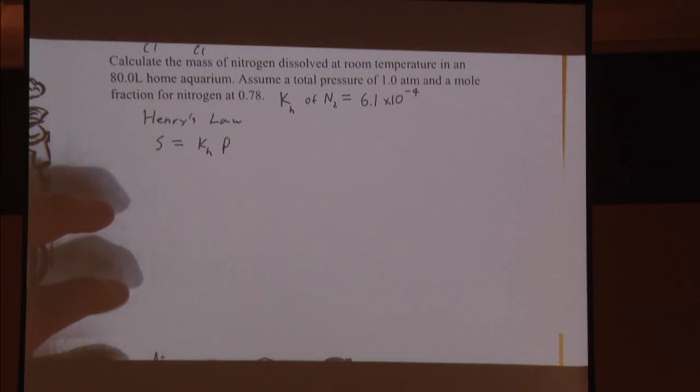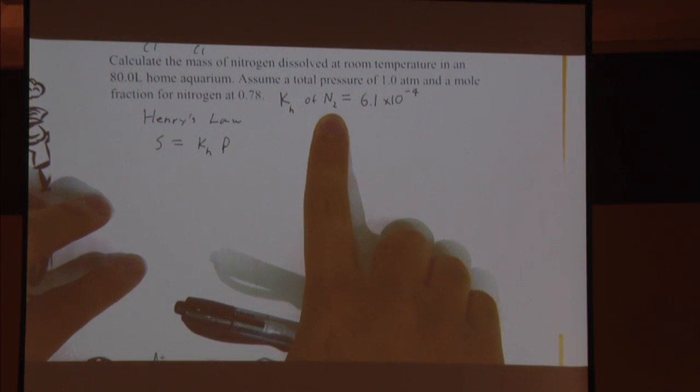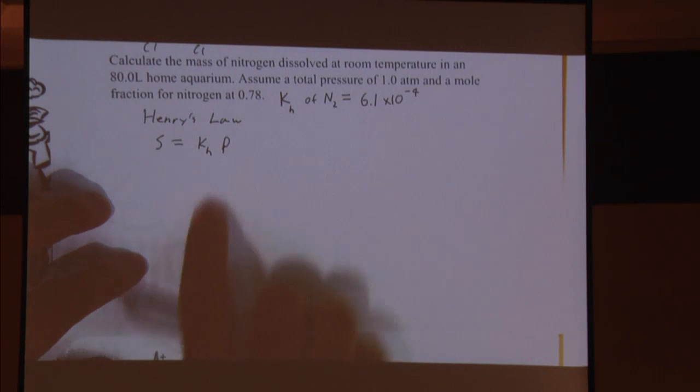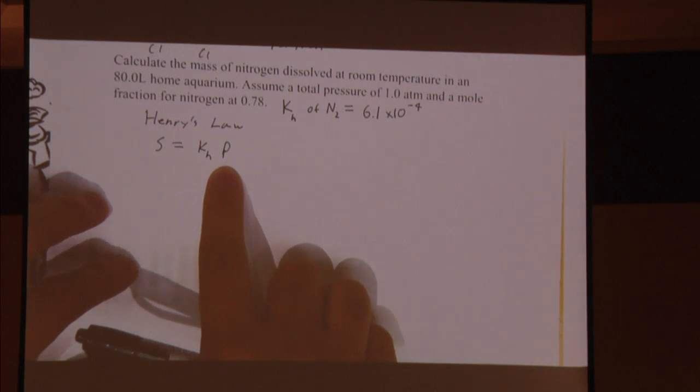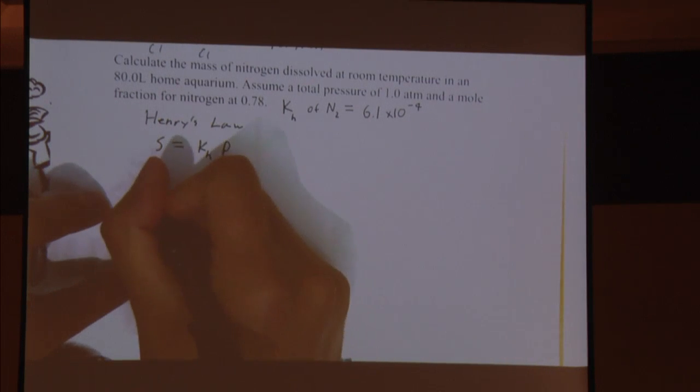We see here that we're given a Henry's law constant for diatomic nitrogen, but we need to figure out this partial pressure. The way we do that is by using this equation.